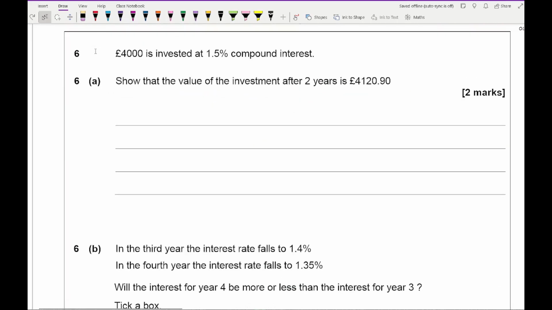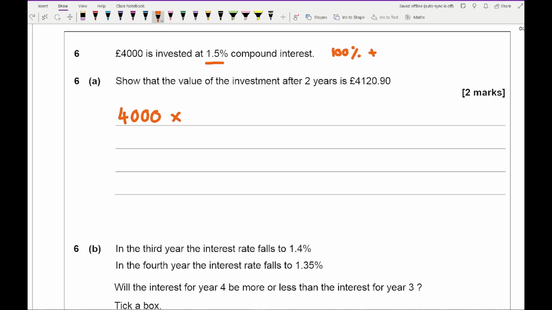Moving on to question 6, it says £4,000 is invested at 1.5% compound interest. Show that the value of the investment after 2 years is £4,120.90. Well, the formula for compound interest is the original amount, or the starting amount, multiplied by the decimal multiplier after the increase.